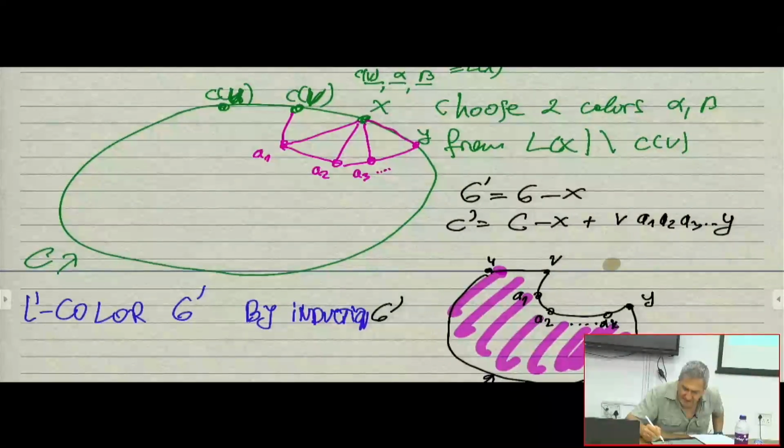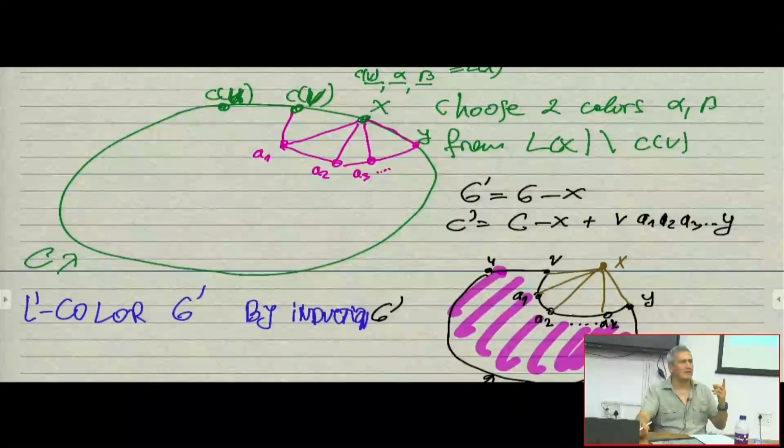Let's put it back. Here's X. Now look. We said we took colors for X. Do you know which colors they were?